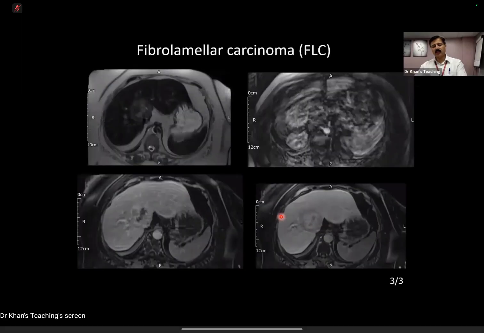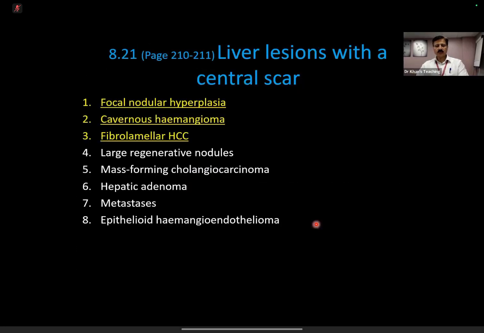And the point here is that this is a fibrolamellar HCC. Now what is happening? That the central part is fibrosis. So what happens is, there are two differential diagnoses which we have to cover here. One is liver lesions with a central scar: focal nodular hyperplasia, fibrolamellar HCC.